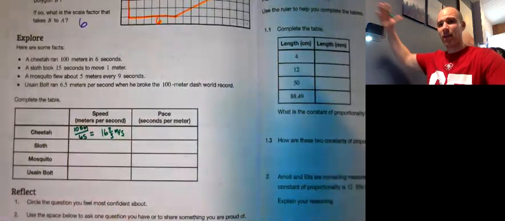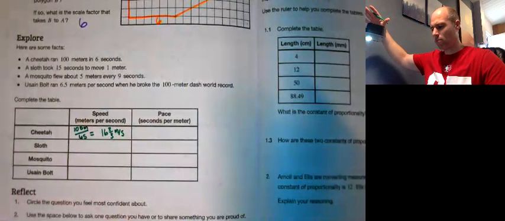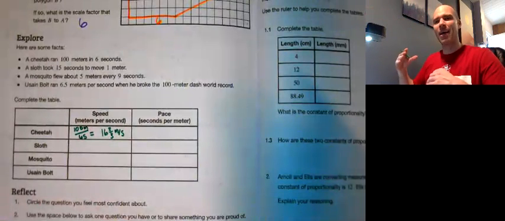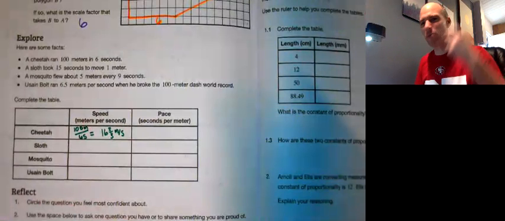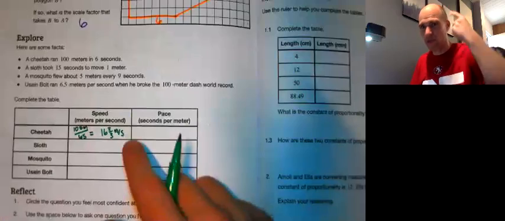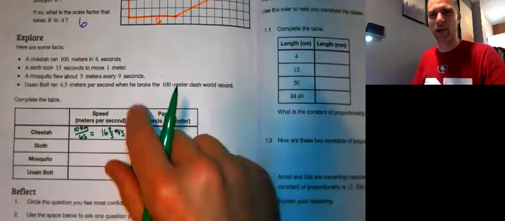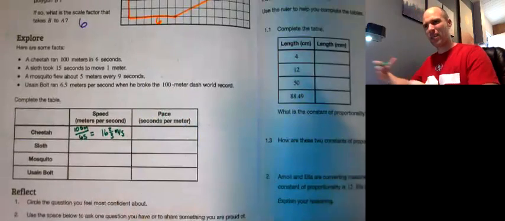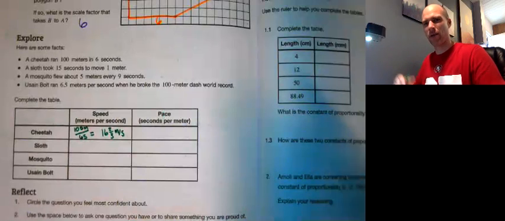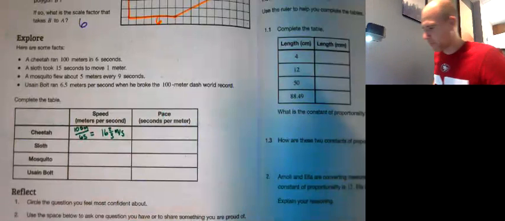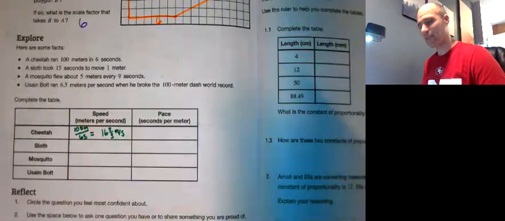That's like a fifth of a football field, because a football field is 100 yards. So a fifth would be 20 yards, but meters are a little bit bigger than yards. So 16 2/3 meters is probably close to about 20 yards every second. It's fast.